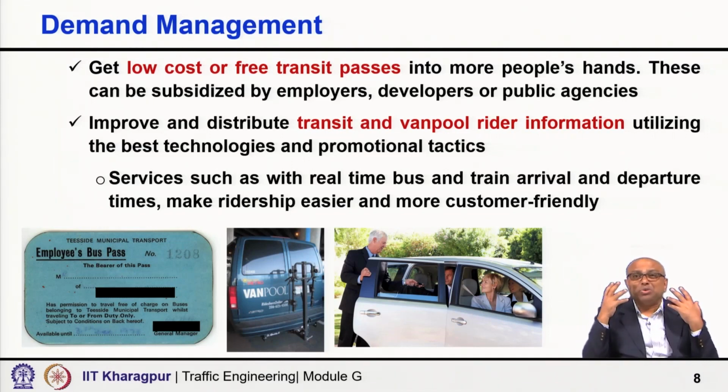One very important thing is that the information should reach people. People should know that they can carpool, of course in a more closed community, that they can join the van pool, or that transit is also available. You may be running point to point buses to benefit commuters who travel every day from one catchment to the CBD area.